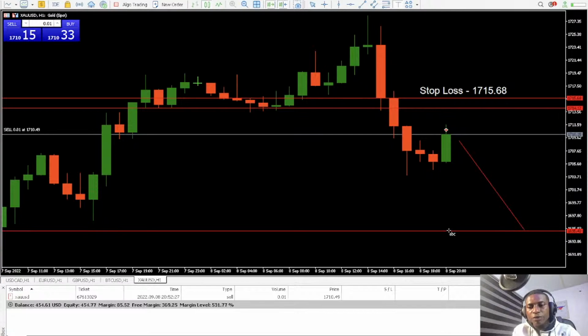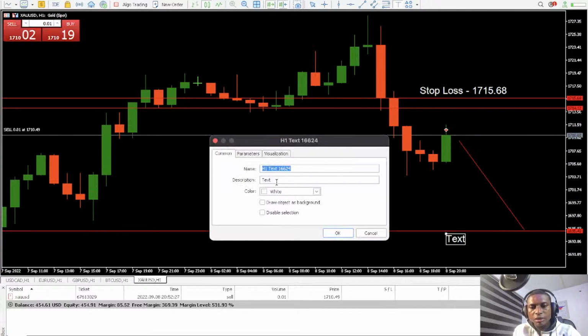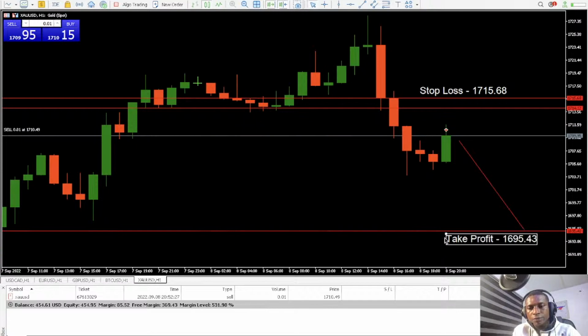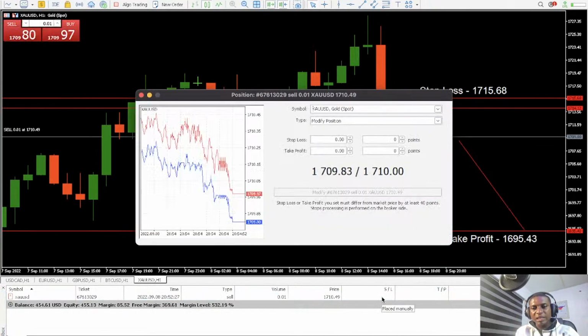And take profit at 1695.43. So these are the levels I'll be setting take profit and stop loss. So let's go ahead to set them.